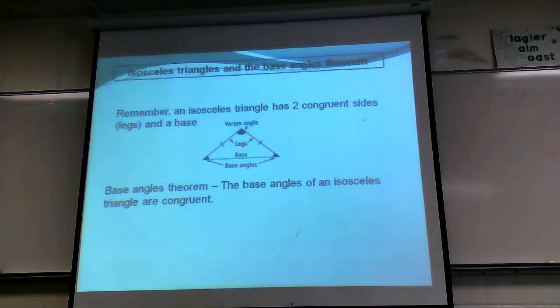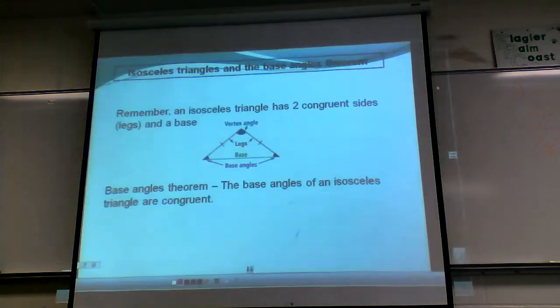Now, the way the theorem goes, the base angle theorem basically says the base angles are congruent. That's it. If you have an isosceles triangle, those angles are congruent. For the purpose of doing the problems, everything is going to revolve around you being able to identify where those angles are because they're equal to each other, along with the fact that all the interior angles in a triangle still add up to 180.